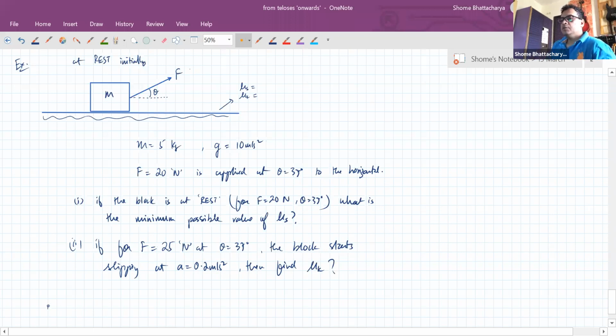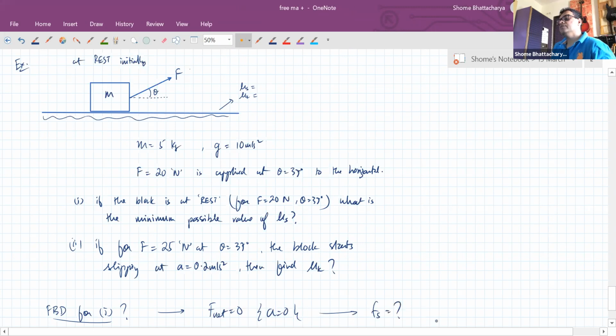So start with the free body diagram for part 1. In that, just apply the condition that the net force should be 0 because the acceleration of the block is 0. So from this, you'll get the value of static friction. And then from that, you can get the value of coefficient of static friction because you know that maximum static friction is equal to this value. Limiting value of friction is this.